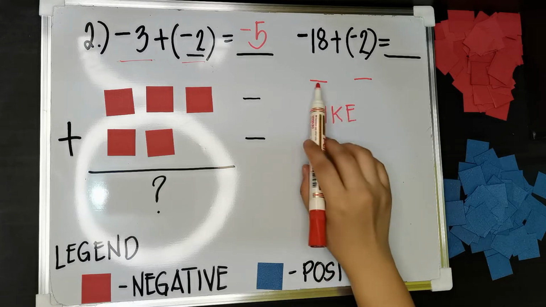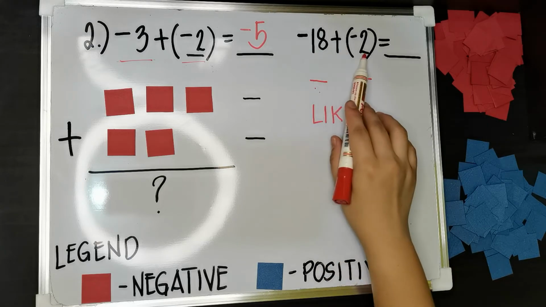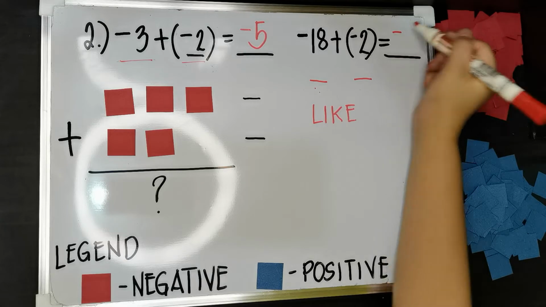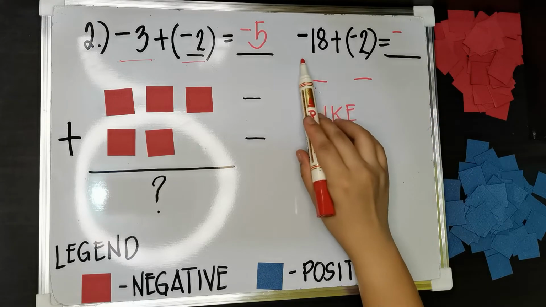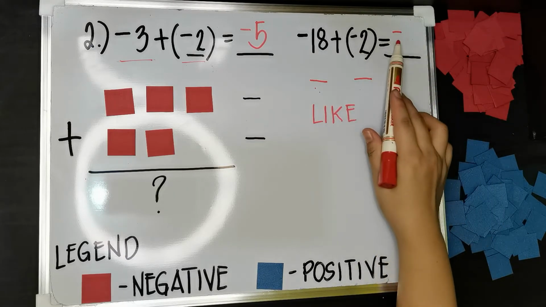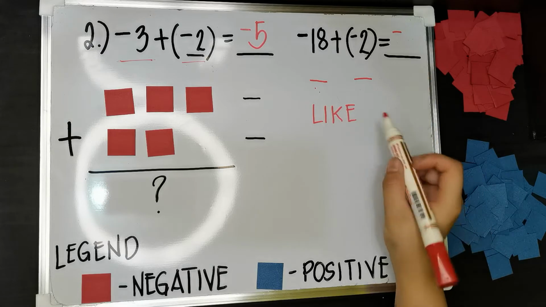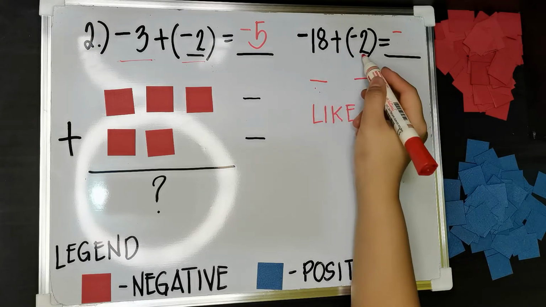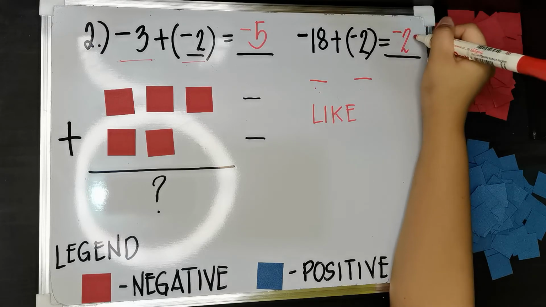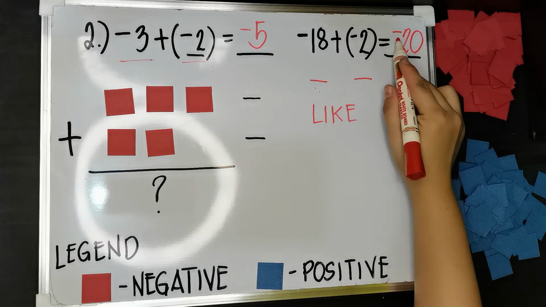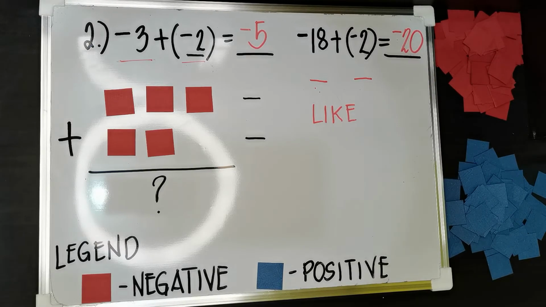Kapag magkaparehas ng sign, negative, negative, the answer will always be negative. Parang katulad kanina, positive, positive, the answer is positive. Ngayon naman, negative, negative, the answer is negative. And then, you just add 18 and 2. 18 plus 2 is equal to 20. So, your final answer is negative 20. Okay? So, that will be for number 2 situation.